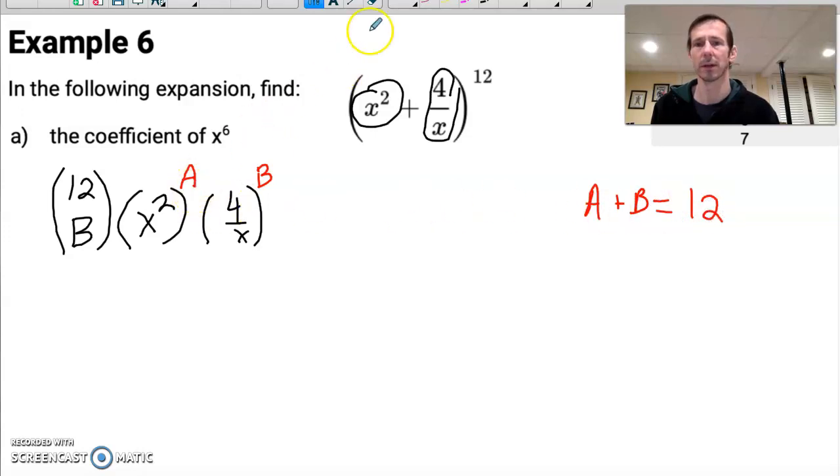It's always true. Now I'm going to apply some exponent rules: these two things can be multiplied, power to a power. So this term is actually the same as x to the 2a. And this b also gets applied to both of these. So really this would become 4 to the b over x to the b.